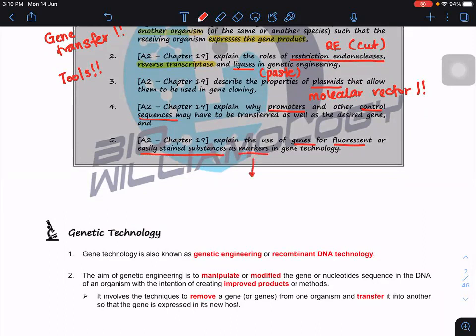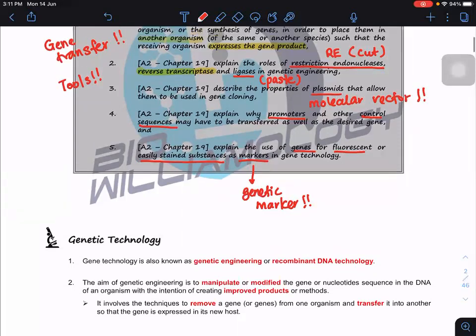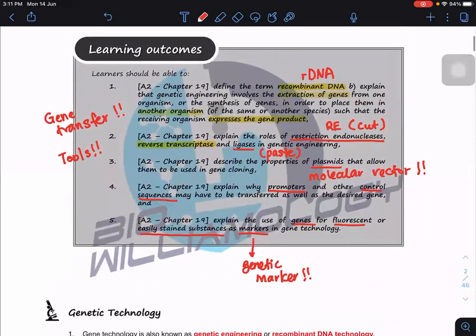We call this a genetic marker. It is very important to tell us whether it succeeded or not. If not, for the bacteria that didn't take up the gene of interest, why would we want to culture them? So this is basically the process of gene transfer.